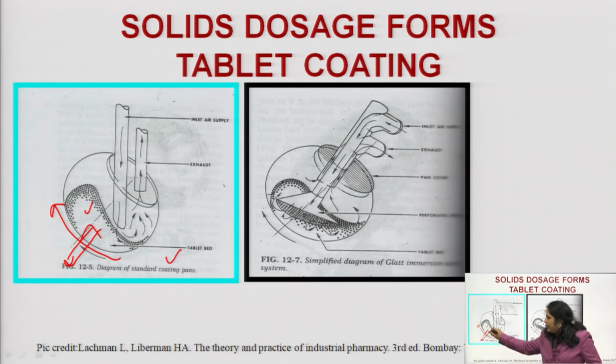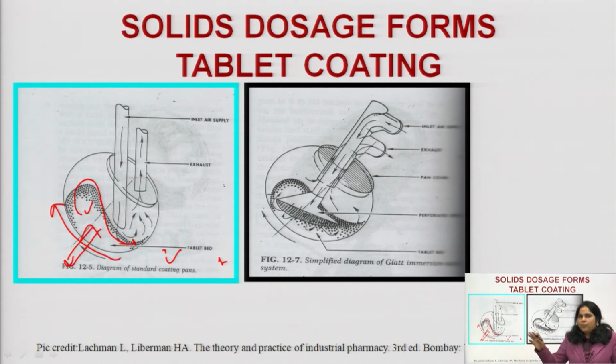This is the tablet bed. Because of these rotations, the tablets are tumbled down from a particular height. When the tablet drops from this particular height, there are chances of abrasion or chipping. So, the tablets must have sufficient hardness to prevent abrasion and chipping.